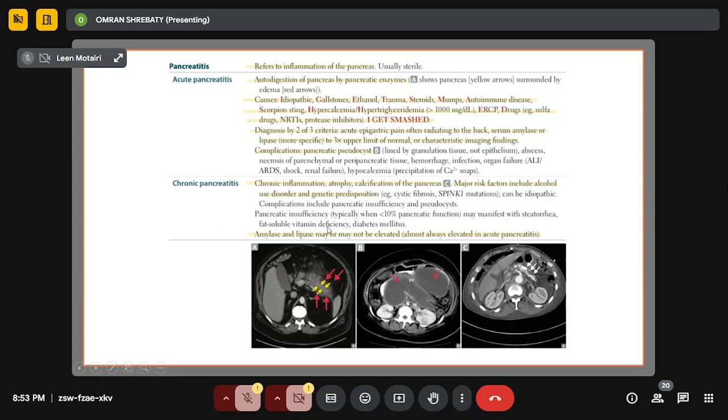While for the chronic, it's not going to be elevated. Why? Because the pancreas is already consumed. As we already mentioned in the previous slide, there is an impairment in the endocrine and exocrine function, so we are not secreting the enzymes properly. So we cannot detect any elevation of amylase and lipase, because the pancreas is already overconsumed and it cannot secrete any hormones.